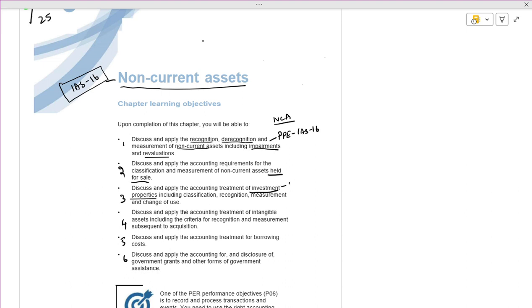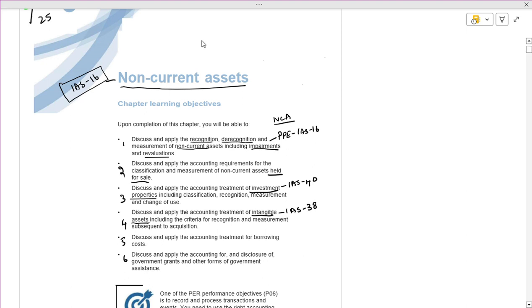Investment property will be IAS 40. We will also discuss and apply the accounting treatment for intangible assets, which is IAS 38.